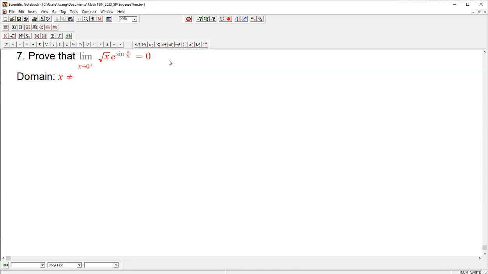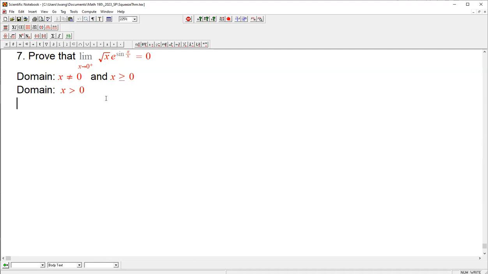And the other condition we need to satisfy, we need to make sure square root of x is well defined, so x has to be greater than or equal to 0. Combine these two, the domain is x larger than 0. So no wonder we are approaching 0 from greater than 0, because we cannot approach 0 from less than 0. The function would not have been defined.